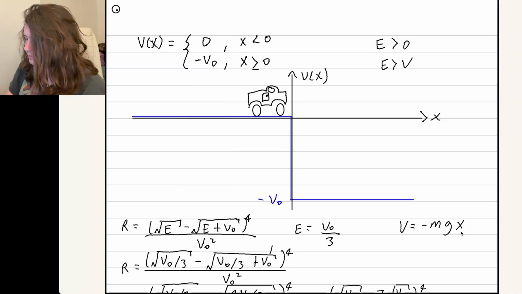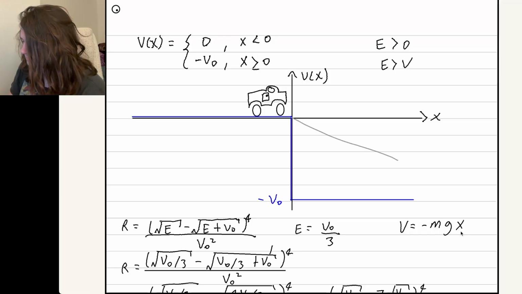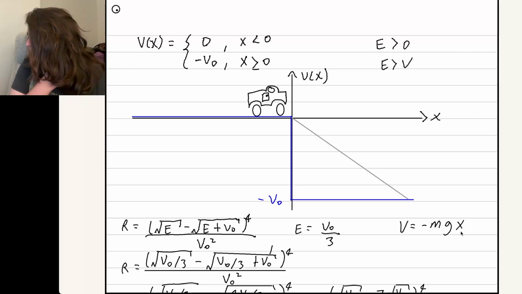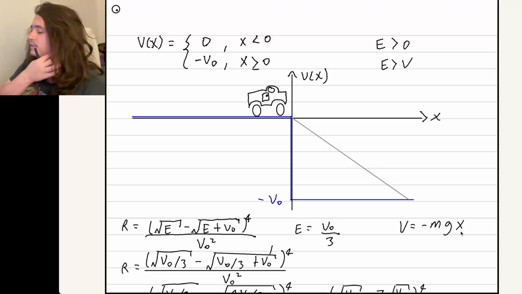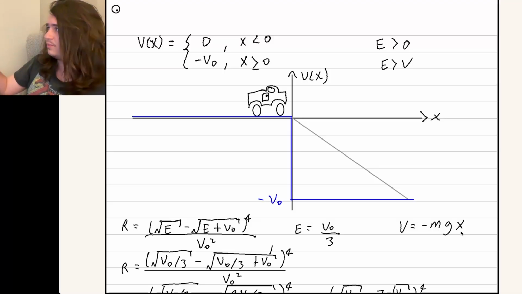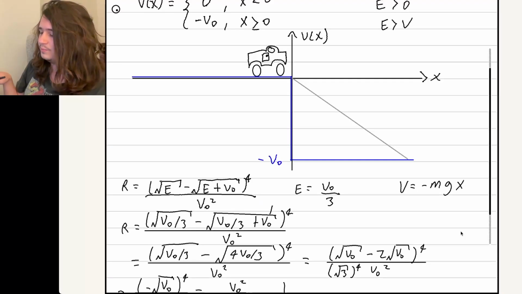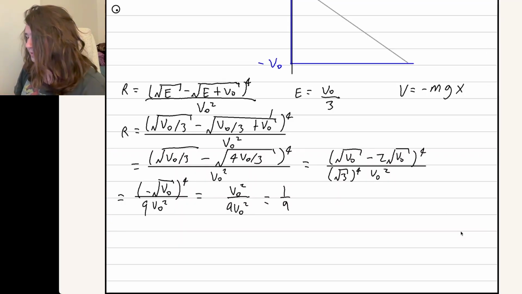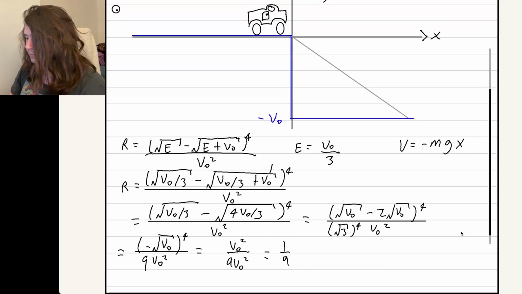Rather, it's going to be a line with a slope mg until it reaches V naught, and then, assuming you've hit the bottom of the hill, you're stuck there. All of that to say, if you try and drive off a cliff, you probably don't have a ninth chance to bounce back from the edge of the cliff. That's just not going to happen. So treating a quantum mechanics problem like a classical allegory isn't always a super viable thing to do or worth doing.